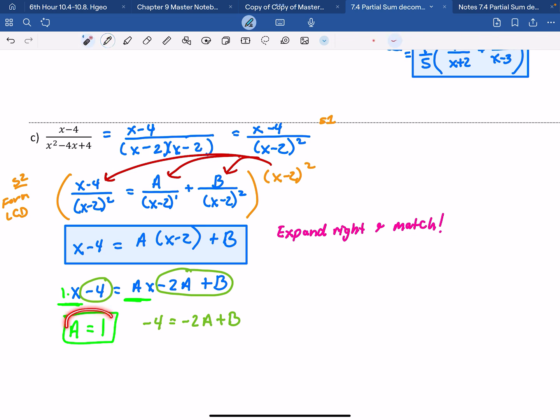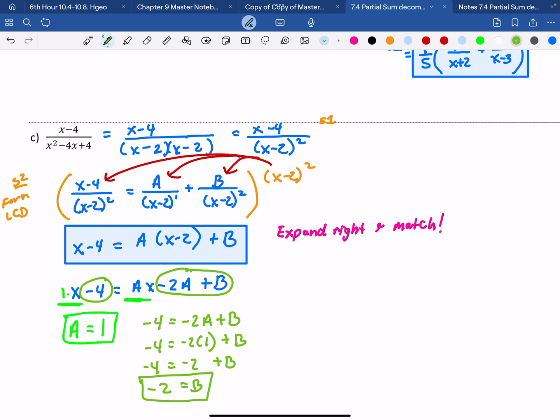So I can take what a is and put it right here. These are actually kind of fun. And you get -4 is equal to -2 times 1 plus your b. So -4 equals -2 plus b. Adding 2 to the other side, you get -2 for your b value. And there you have both a and b by playing the matching game.